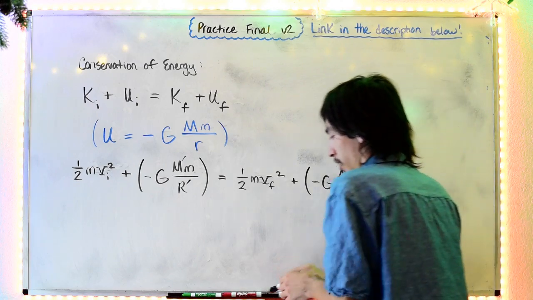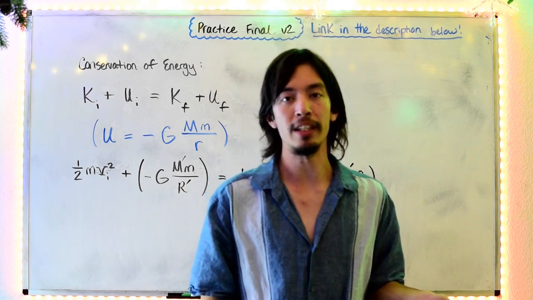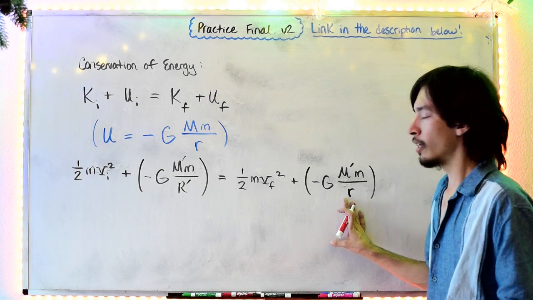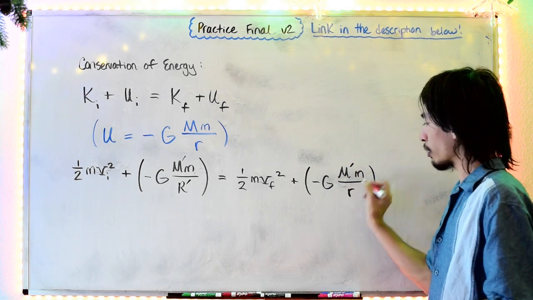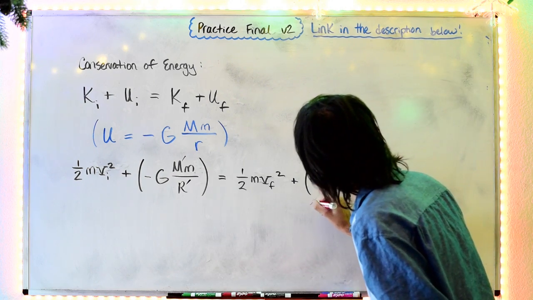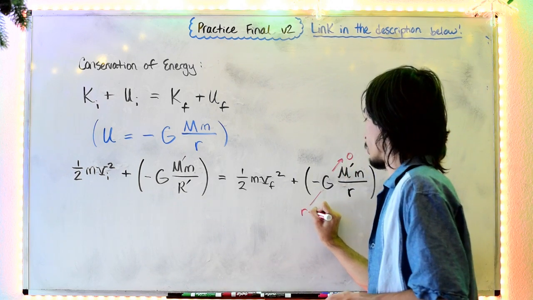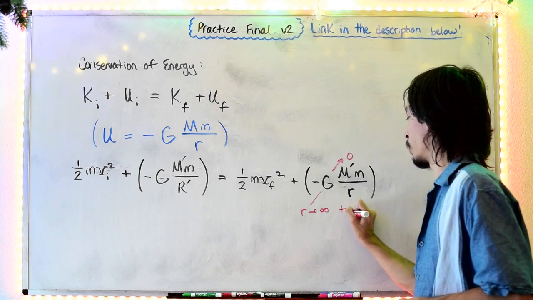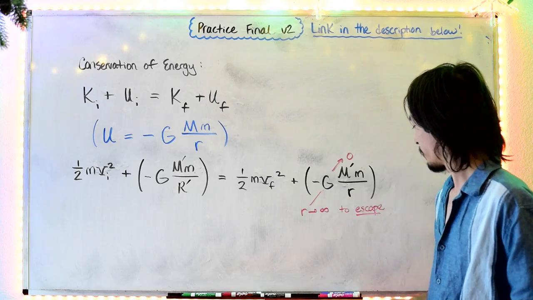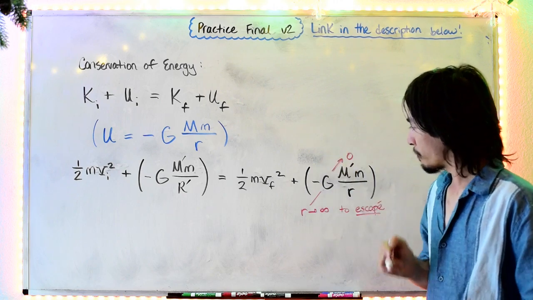Because we need to go to infinity to escape the gravity of the planet, we take the limit as r goes to infinity, and any number over infinity will be 0. So this term drops out to 0.